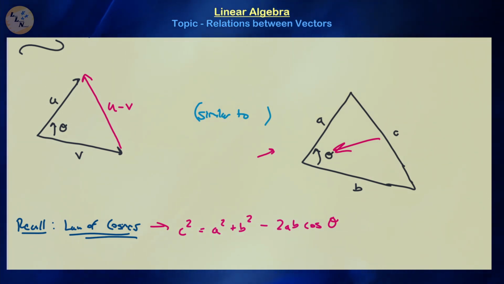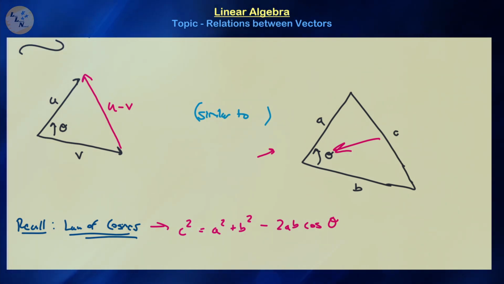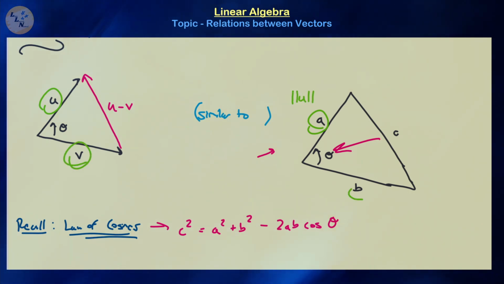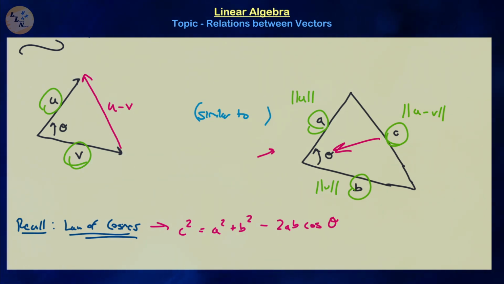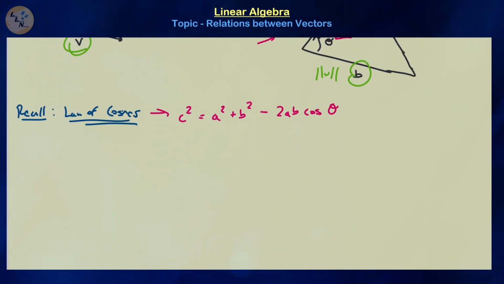So if I were to replace these lengths A, B, and C with these corresponding lengths, because this length A corresponds to the magnitude of u, side length B corresponds to the magnitude of v, and C corresponds to the magnitude of u minus v, we can get a vector representation for the law of cosines, and hopefully be able to derive an identity for the angle between any two vectors u and v.